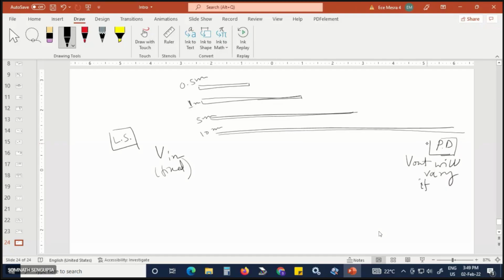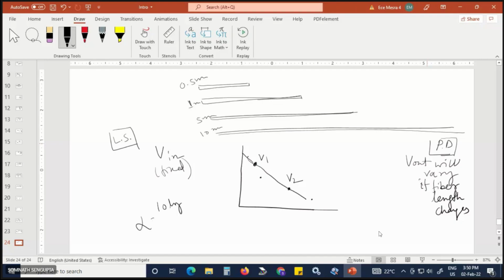If the fiber length changes, you have to draw one graph, plotting these points and drawing a straight line. Then take any two points, V1 and V2, and using the formula for alpha, that is 10 log V1 by V2 divided by the length.